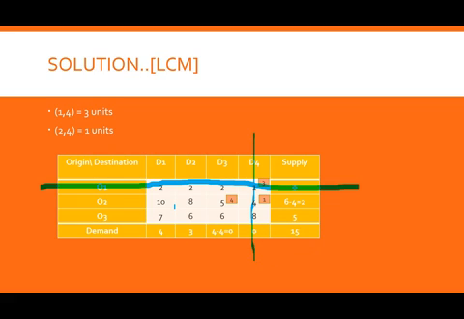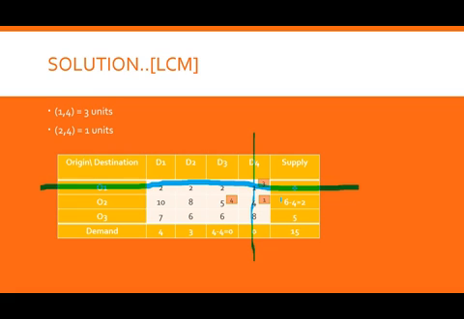So the remaining cost matrix is 10, 8, 5, 7, 6, 6. Okay. So which is the least cost? 5. So we are supposed to make an allocation here. Demand is 4, supply is 6. How much can you transport? 4 units. So you will have to transport 4 units here.